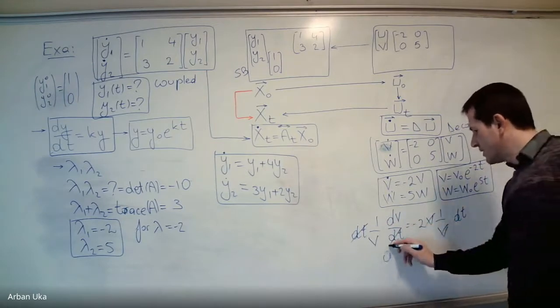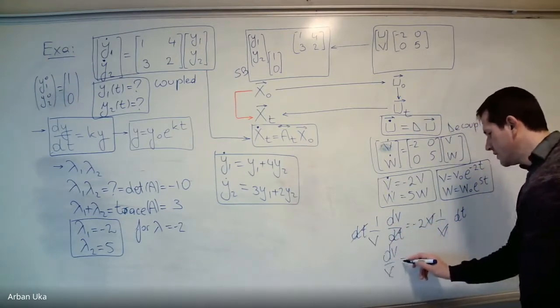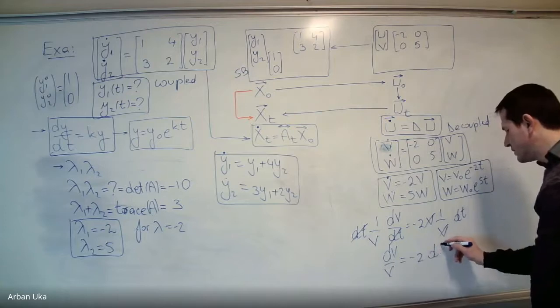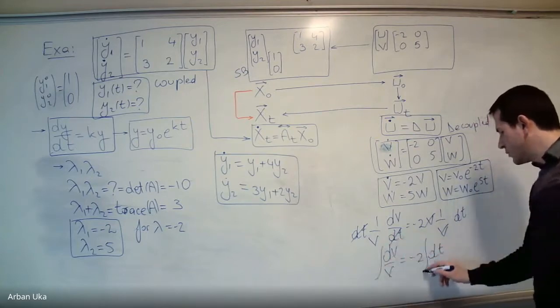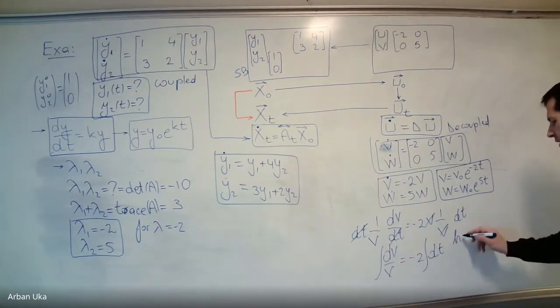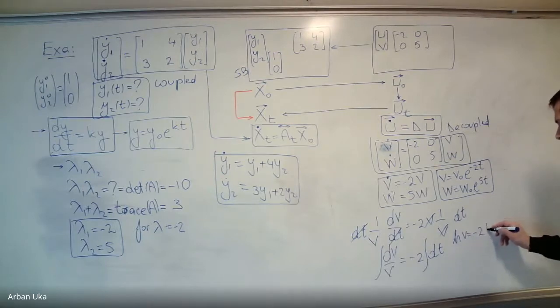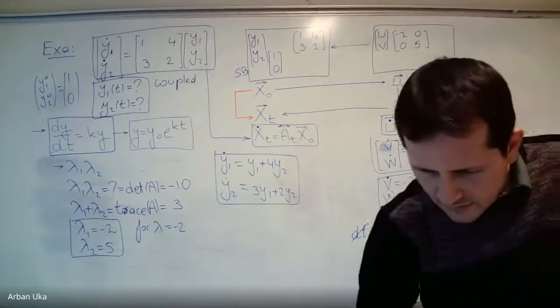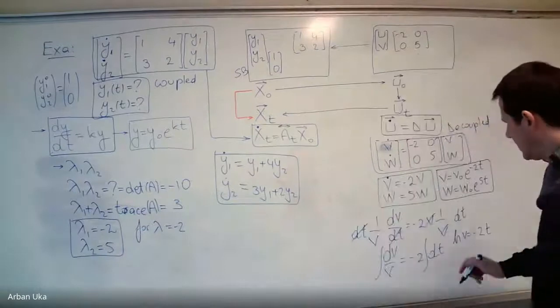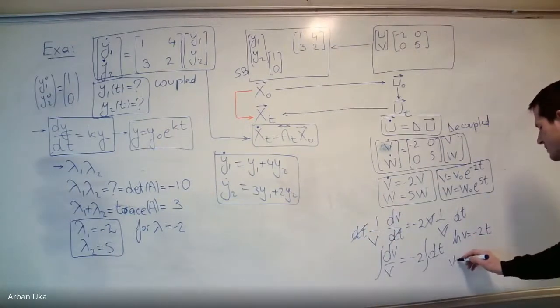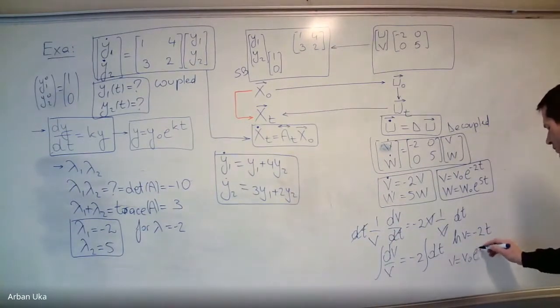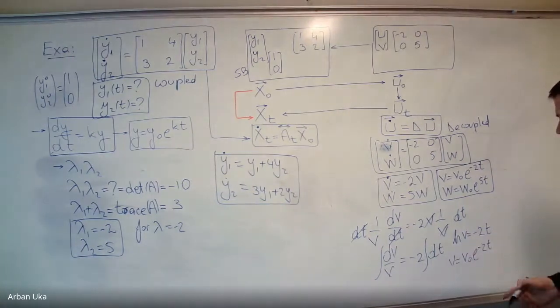What is left is dv over v, and this is equal to -2 dt. Okay. You integrate both sides of the equation, and you get ln of v equal to -2t, okay? And then you take the exponential, and this becomes v is equal to v0 e to the power -2t. Okay, you can always recalculate this one, okay?